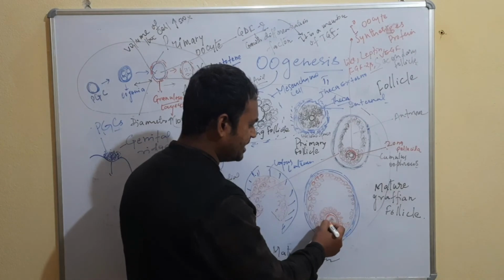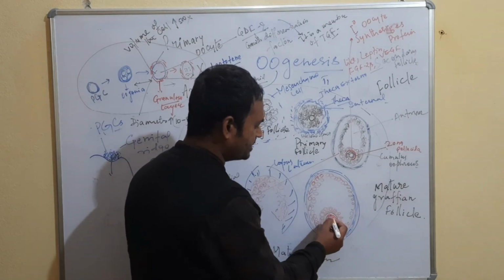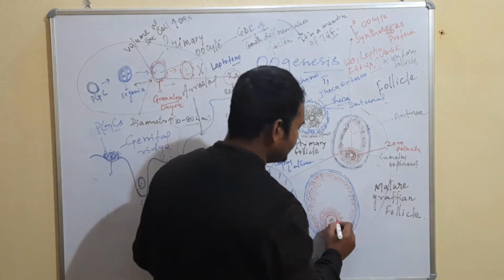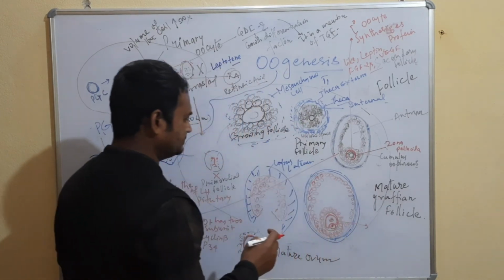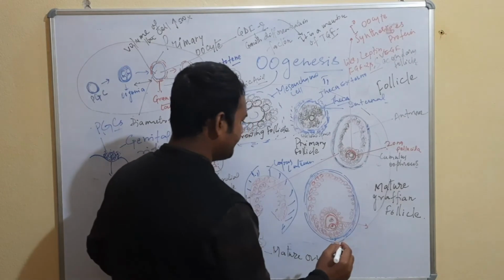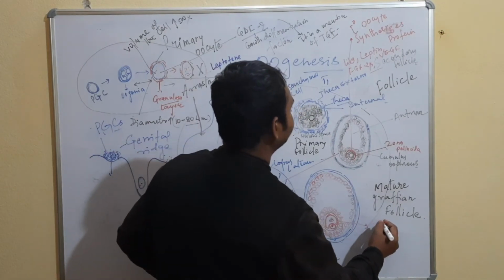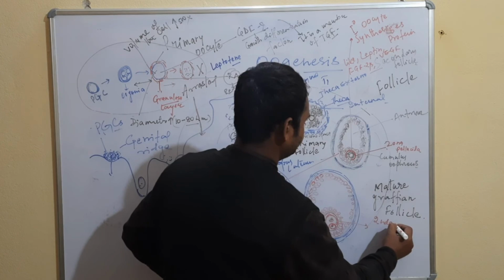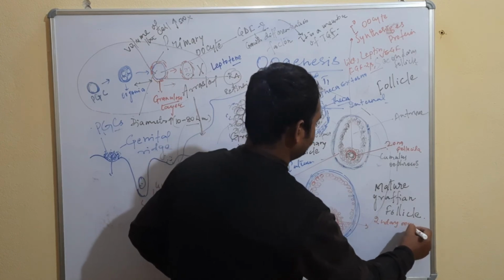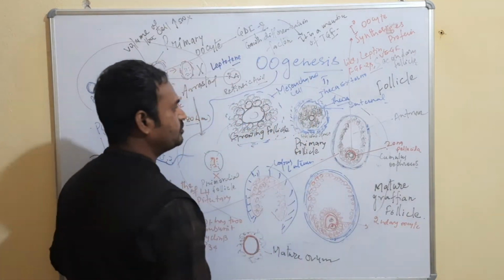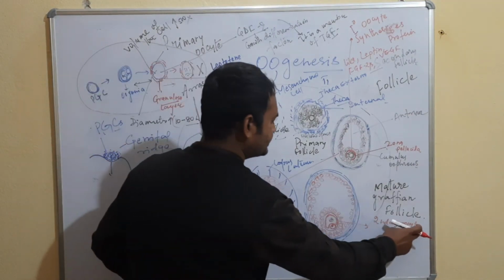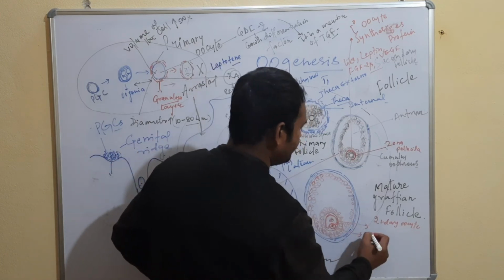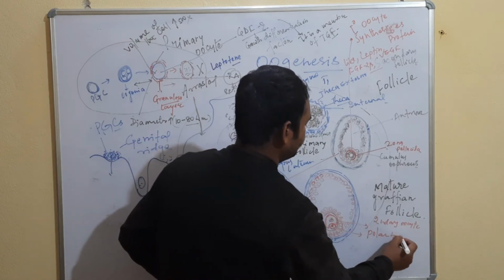The first cell will have the maximum cytoplasm and the other will have the minimum cytoplasm. The first cell will be called the secondary oocyte, and the other cell will be called the polar body.